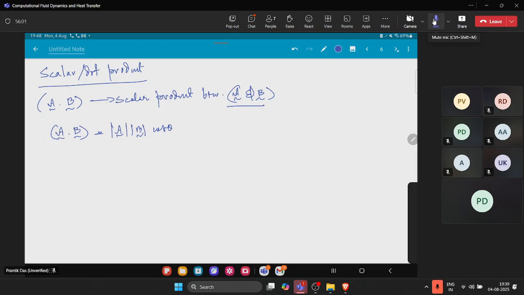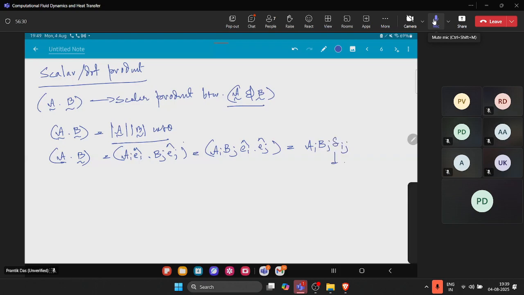And this is also represented as A dot B as Ai ei cap dot Bj ej cap, which is basically Ai Bj ei cap dot ej cap, and Ai Bj delta ij.